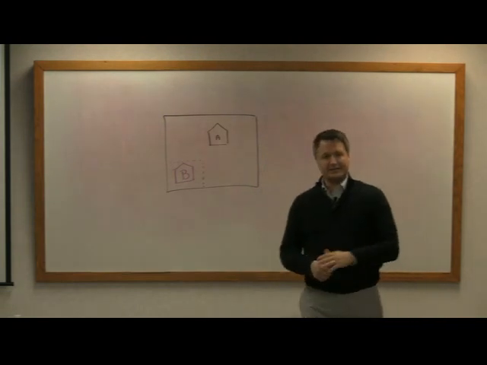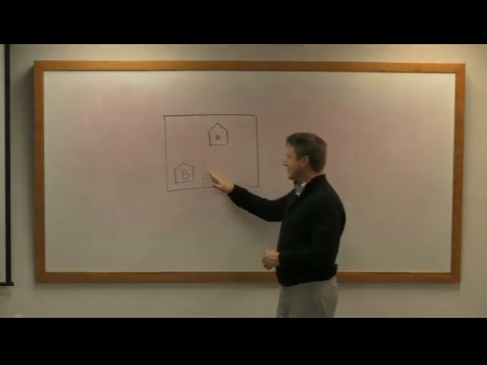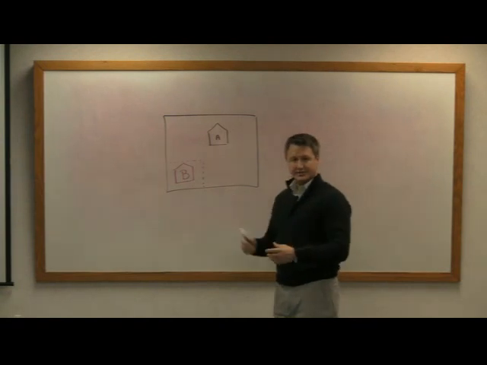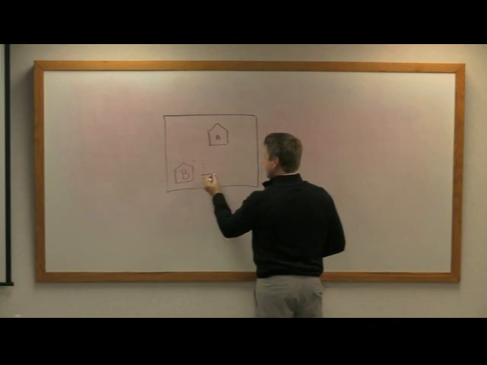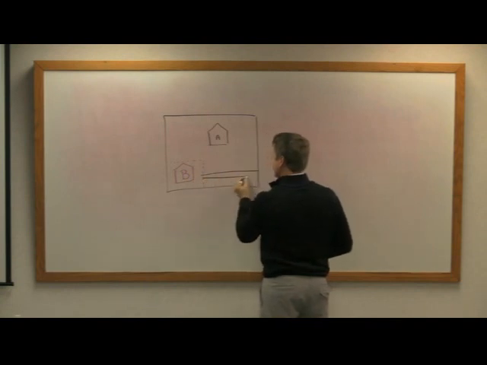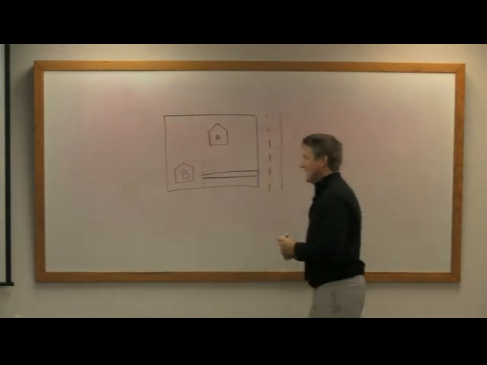But B is landlocked. B now needs an easement so he can access the road because he is landlocked. And so an easement would be granted to B to access the main road to get out.